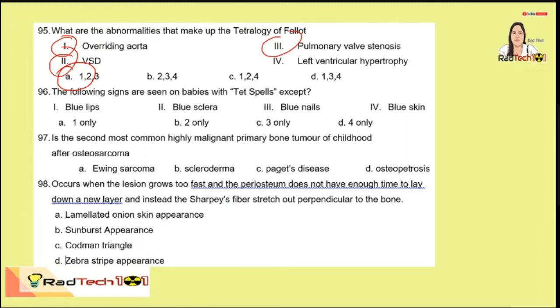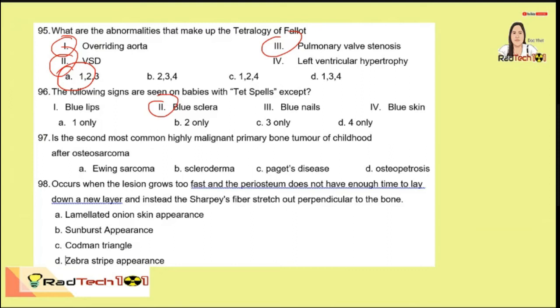So TET spells ang tawag doon. So TET spells are caused by rapid drop in the amount of oxygen sa blood. So except blue sclera. So hindi naman nagbo-blue yung sclera niya or yung white ng ating eyes. So blue lips lang, blue nails, and blue skin.